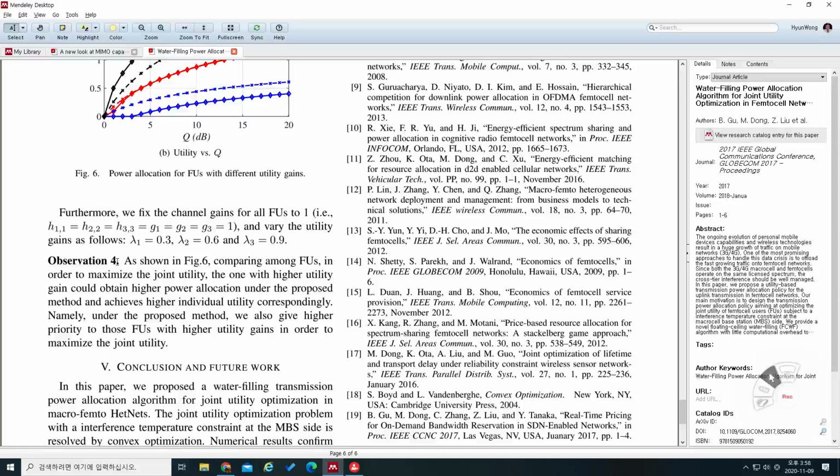As shown in figure 6, comparing among FUs, in order to maximize the joint utility, the one with higher utility gain could obtain higher power allocation under the proposed method and achieves higher individual utility correspondingly. Namely, under the proposed method, we also give higher priority to those FUs with higher utility gains in order to maximize the joint utility.